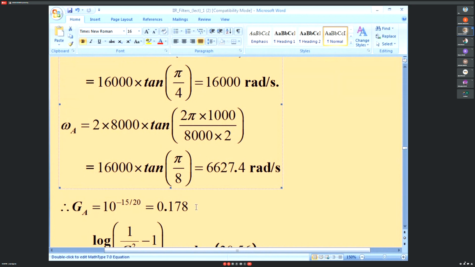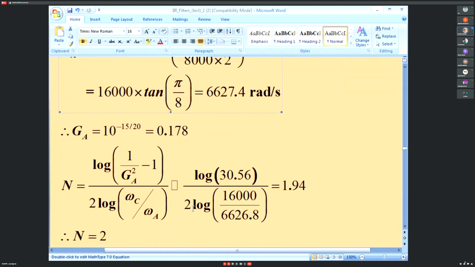GA, as I mentioned earlier, when expressed as a ratio, is 0.178. So this is the expression for evaluating the order of the high pass filter. It comes out approximately equal to 1.94, that means 2. N comes out as 2.